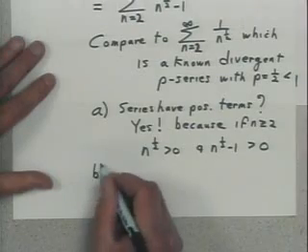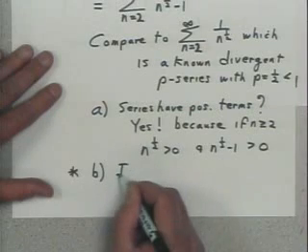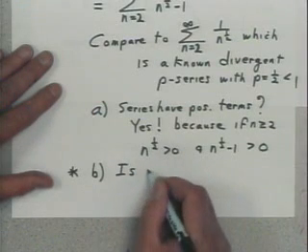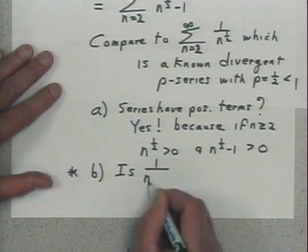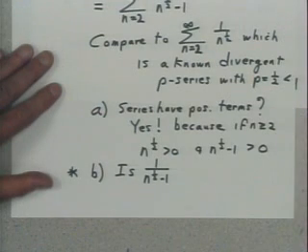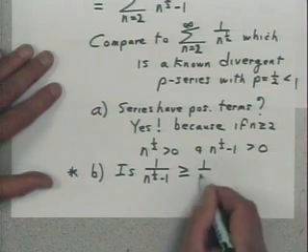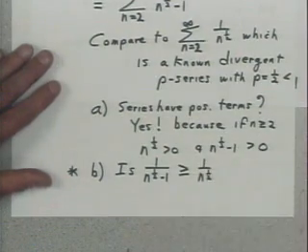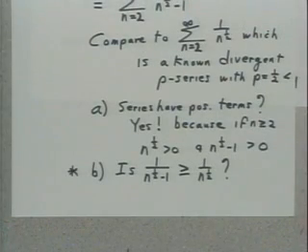All right, the big thing is right here. This is the one we have to focus on. The question is: does 1 over n to the 1/2 minus 1, because that's the nth term of your series, stay greater than or equal to 1 over n to the 1/2? That's the other question you have to answer.